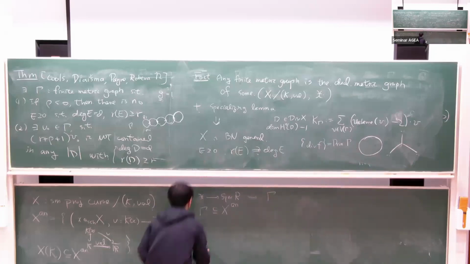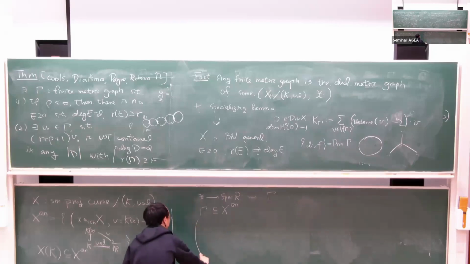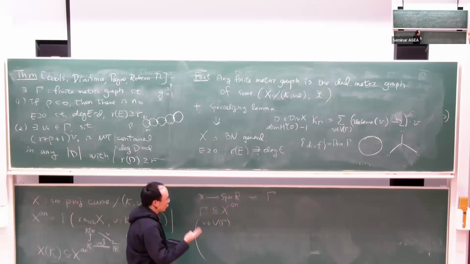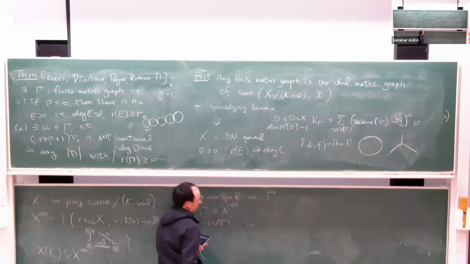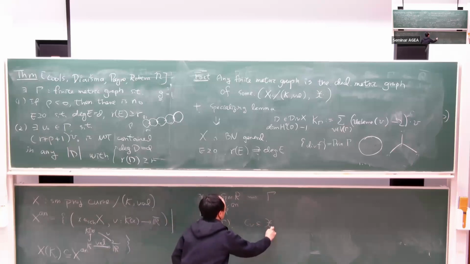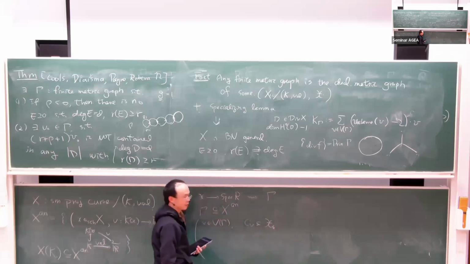Roughly speaking, let me skip some of the details. For example, if you have a vertex V, then you want to attach some valuation to this vertex V. How can you do that? V is associated to some irreducible component of the special fiber, right?